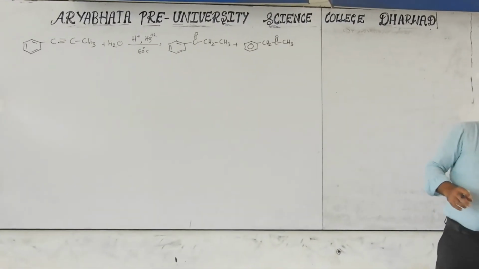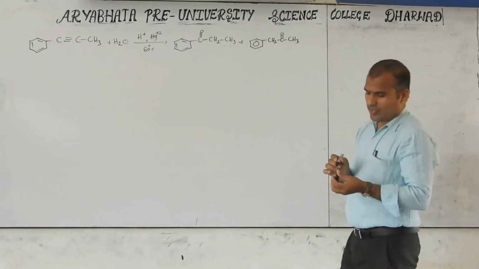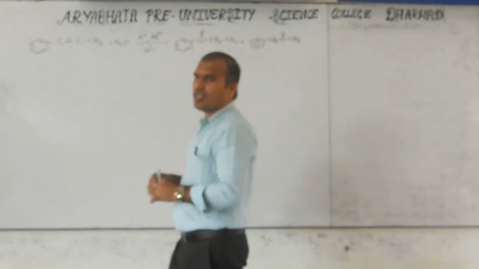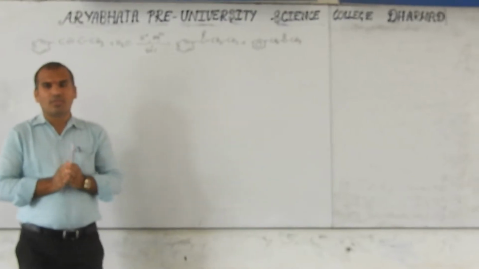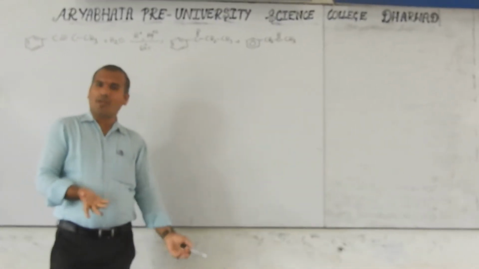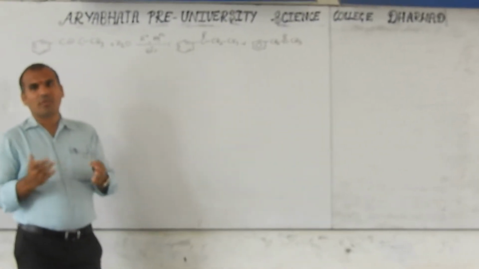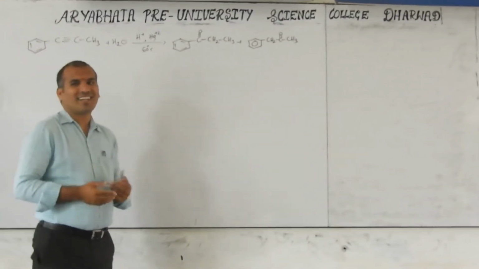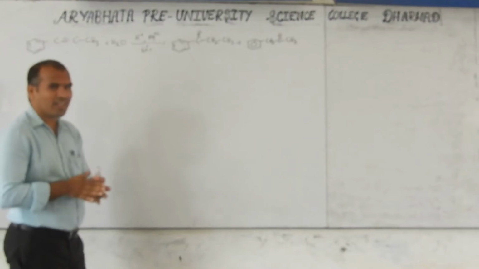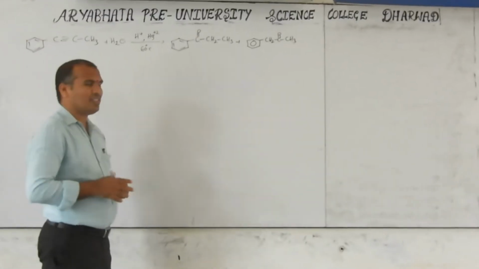How many products form? Two products form. But the question is whether both are in equal amount or one is major. You have to judge using all the first year concepts.